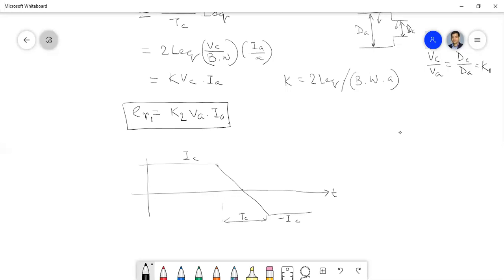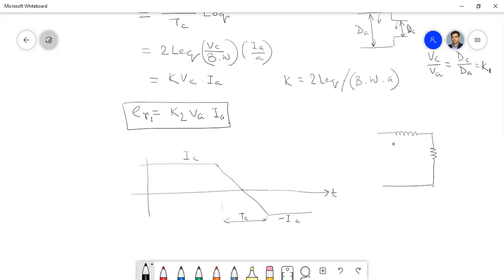Actually, the reactance voltage will try to oppose the change of current from plus IC to minus IC. So the linear characteristic will lag in time. It will bend and lag in time because of the opposition provided by the reactance voltage. Let me explain like this.